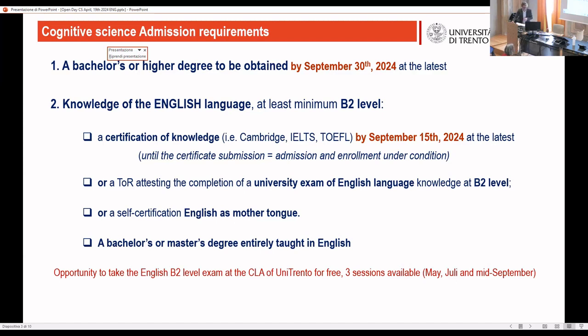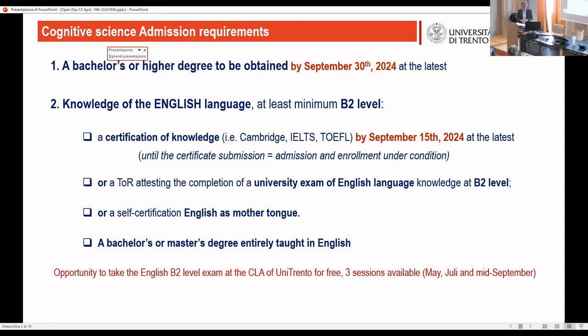You can assess your knowledge by submitting a certificate issued by one of the official international institutions like Cambridge, IELTS, TOEFL by mid-September, or having transcript records of your previous studies attesting the completion of one university English exam at B2 level at least, or a self-certification that English is your mother tongue, or a bachelor or master degree entirely taught in English.